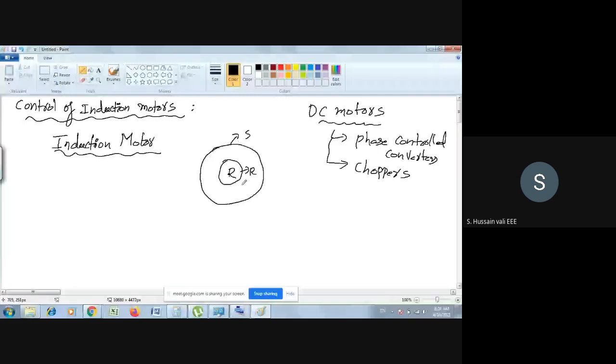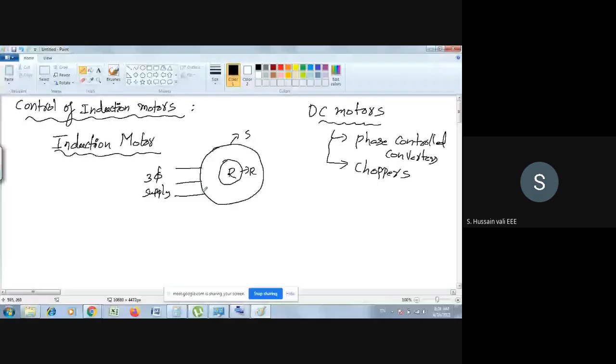Now you give the power supply to your stator. Generally, if it is a three-phase induction motor, you give a three-phase power supply to the stator. When you give a three-phase power supply to the stator, what exactly happens, if you remember, is that a rotating magnetic field is produced in the air gap.